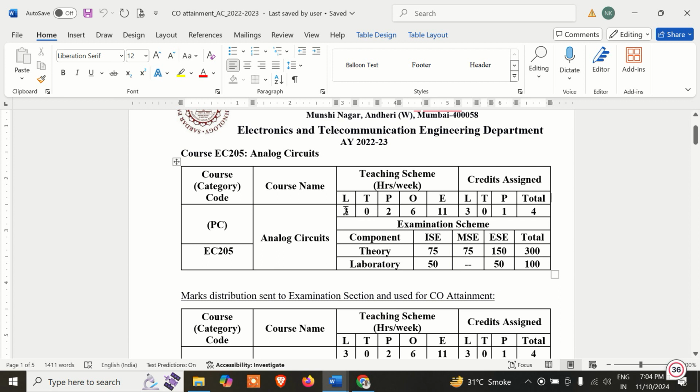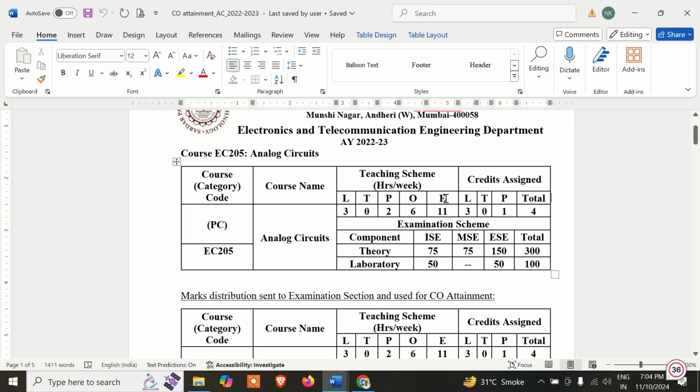So this entire teaching hours, 3 hours means 3 hours per week. This is per week. And 2 hours per week is the practical. And there is a component called O, that is the other work, over and above. The student has to do self-learning of 6 hours.